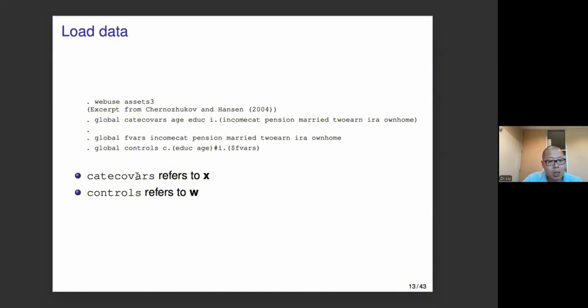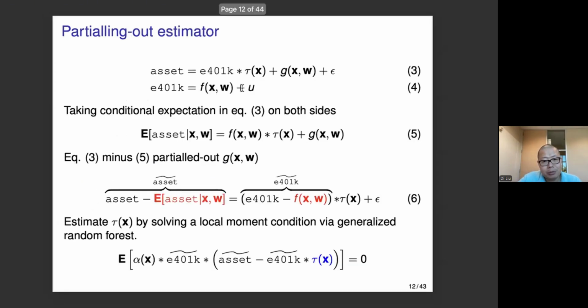The global variable catecovars refers to x in the math. This is the mapping between the Stata command and the mathematical definition, and the controls refer to the w functions.